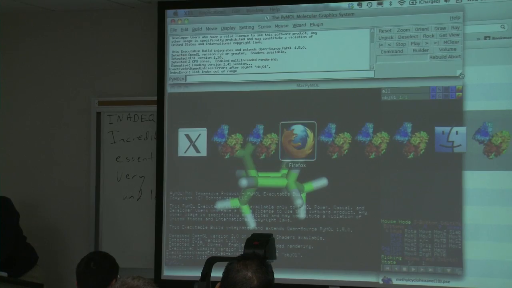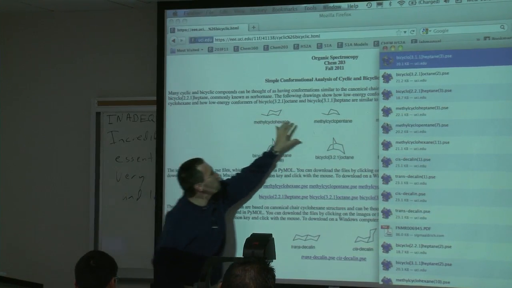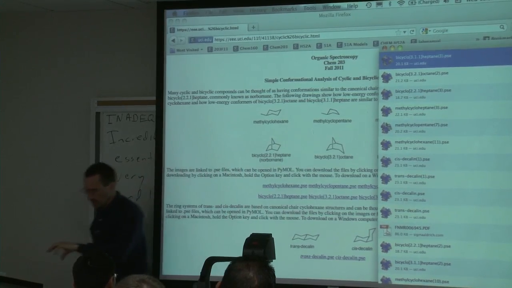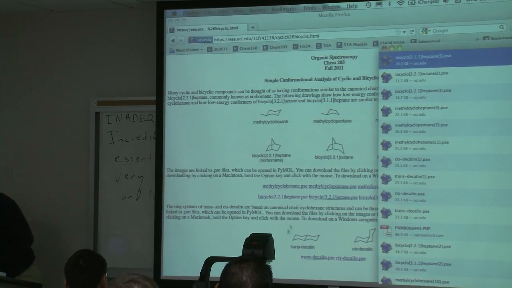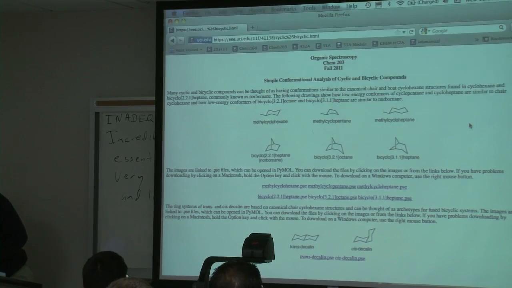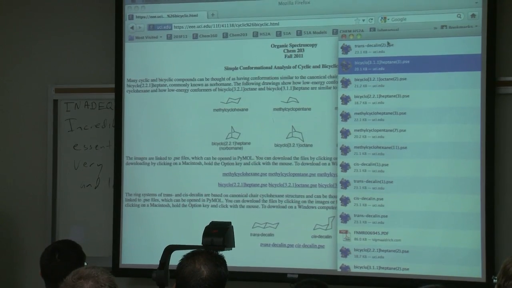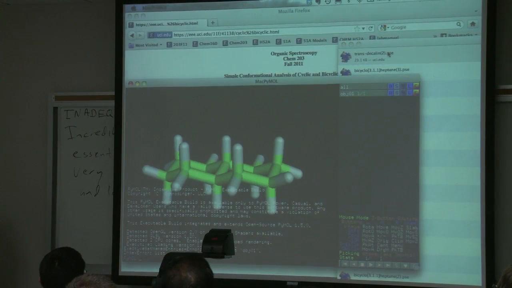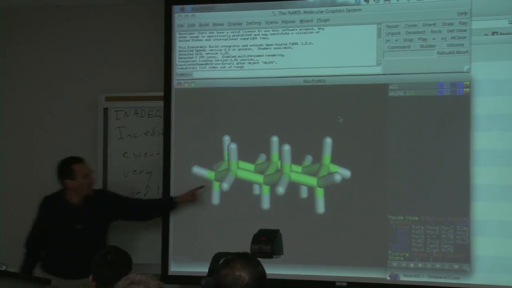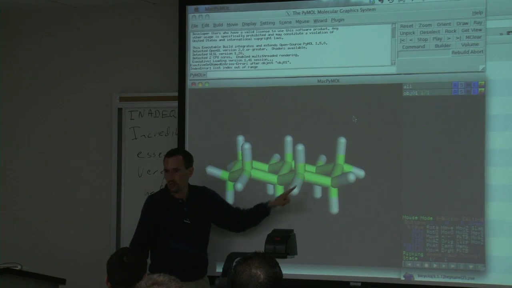The other canonical structure: basically, if you get a few simple structures, as I said, you can do so much. The other one that's canonical for understanding conformational analysis in so many natural products is transdecaline, which is basically just cyclohexane with another ring extended on, and it's chair-chair.